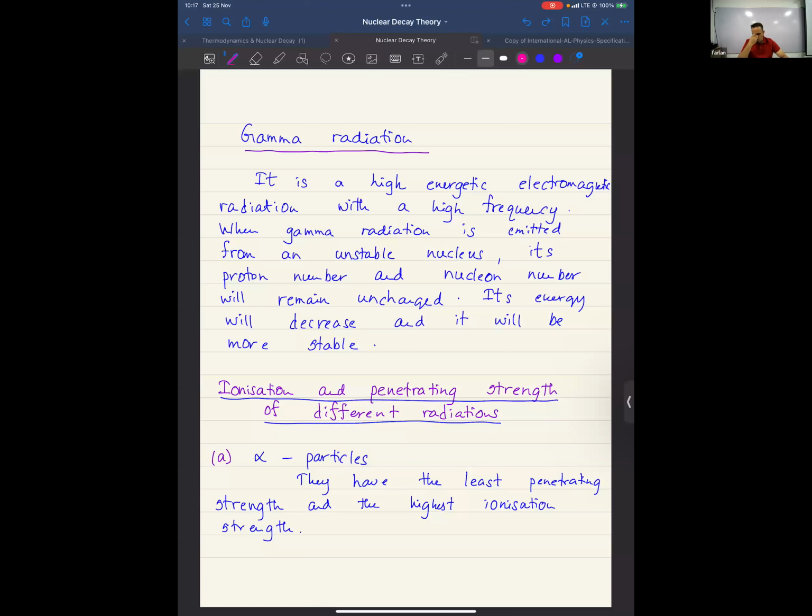Full stop. When gamma radiation is emitted from an unstable nucleus, its proton number and nucleon number will remain unchanged.